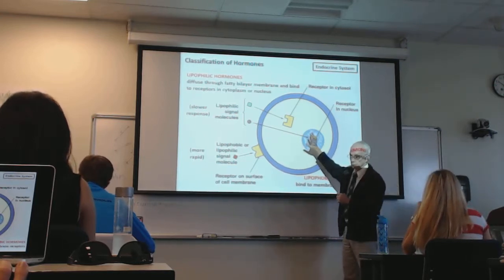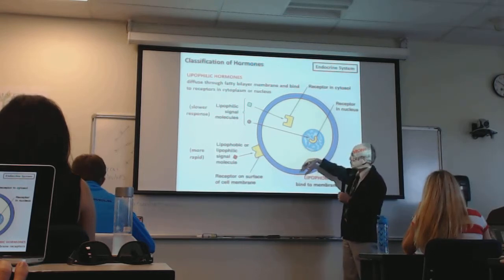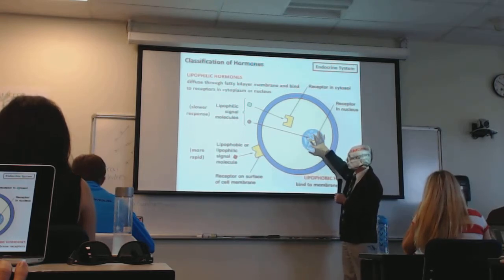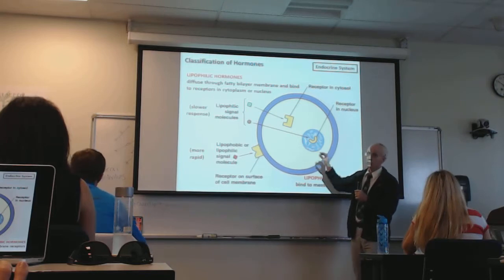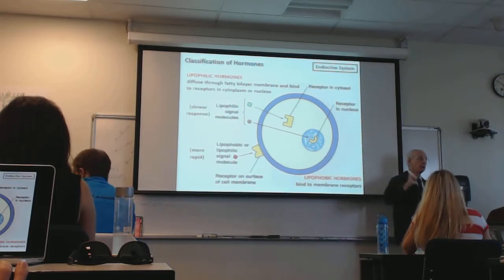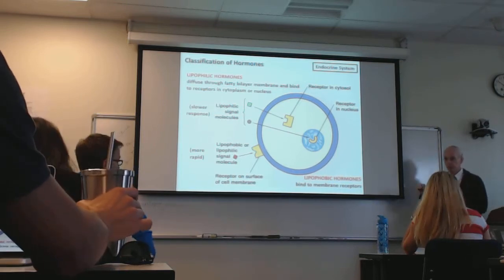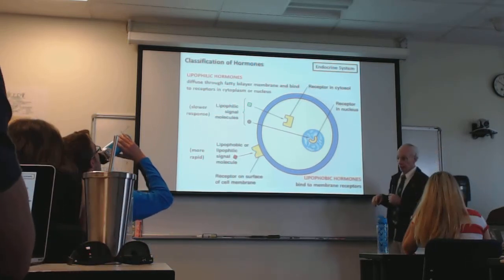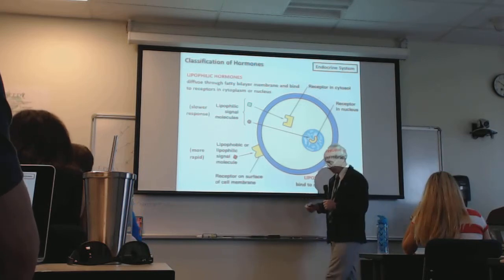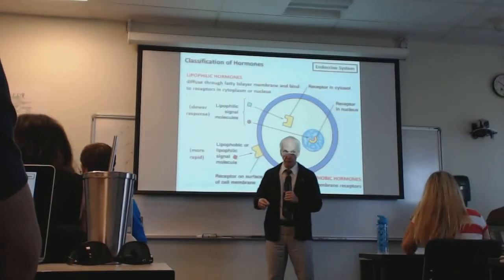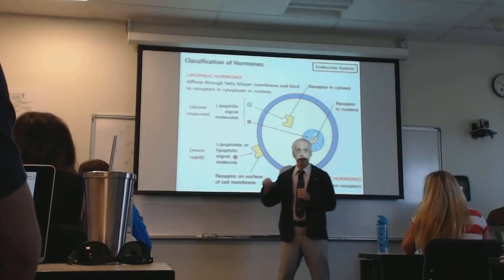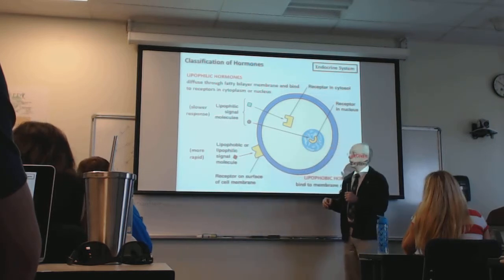We said that in general, and with the exceptions to all these general rules, but in general, if a hormone binds intracellularly, its primary function is as a transcription factor. And we defined a transcription factor as really anything, any molecule or substance that modifies the copying of DNA to RNA.